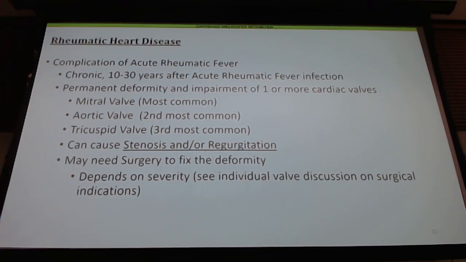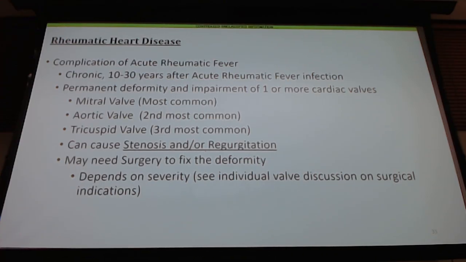We said in the acute rheumatic fever with the carditis, yes, you're having this affecting the cardiac valves, but it's a temporary thing. Okay? Yes, you have this inflammatory reaction that causes the valve to act impaired, but then it goes away. Once that inflammatory process gets better, that impact on the valves goes away. But in rheumatic heart disease, this is now a permanent damage affecting the valves.